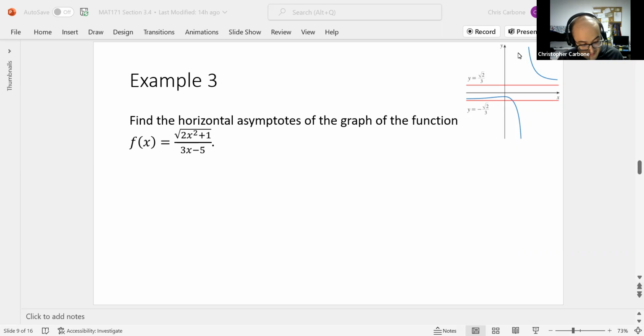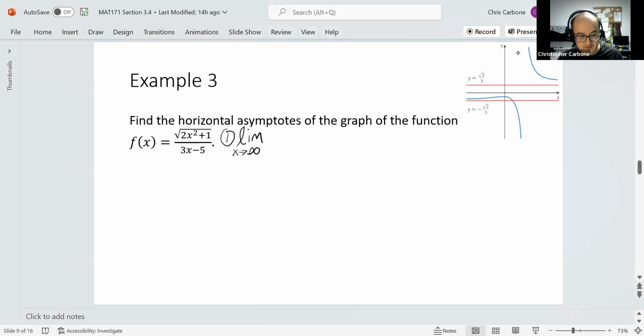So we're going to take the limit of this. The first time that we're going to do this is by taking the limit as x approaches positive infinity of this function, the square root of 2x squared plus 1 divided by 3x minus 5.